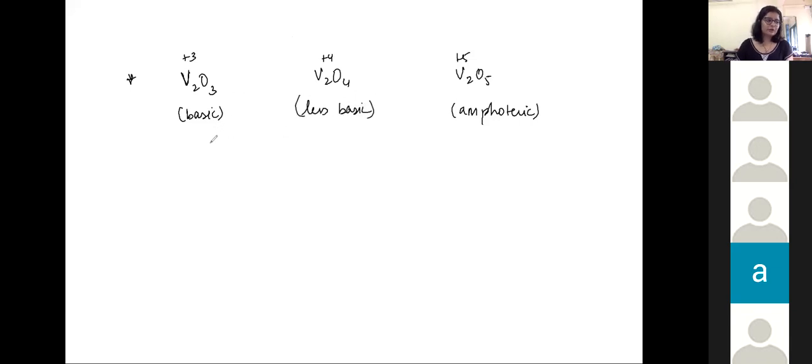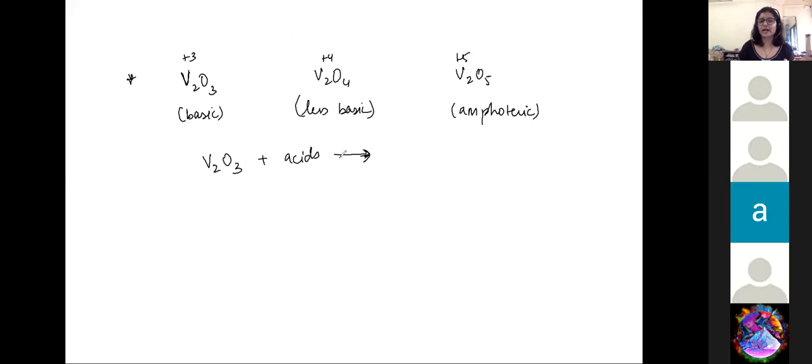So correspondingly, if V2O3 is basic, it reacts with acids and forms salts. When bases react with acids, do they form cations or anions? In the salt, what comes from the base, is that a cation or an anion?